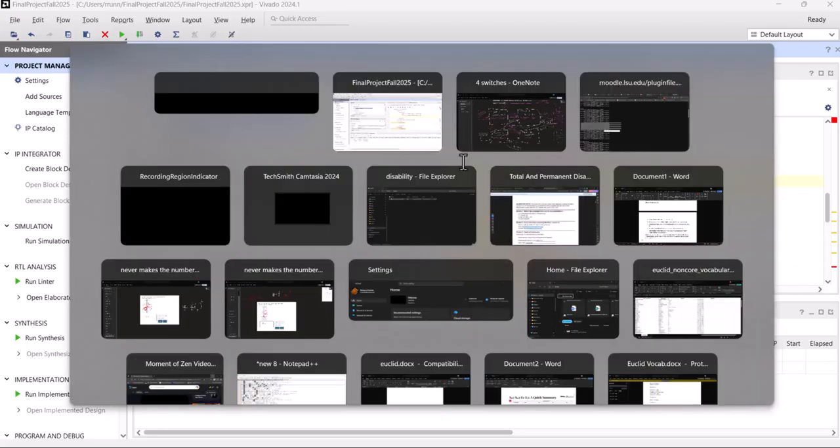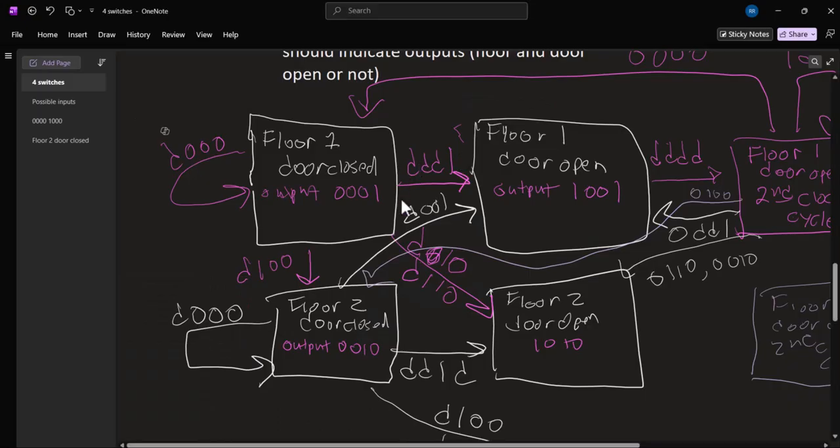And then we said for don't care 010 and don't care 110, we went to floor 2B. So basically if floor 2 was selected, we went to floor 2B.